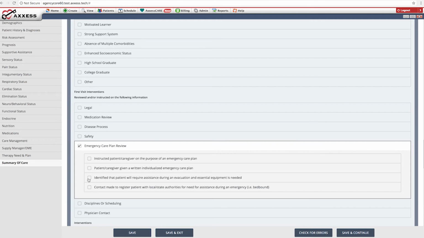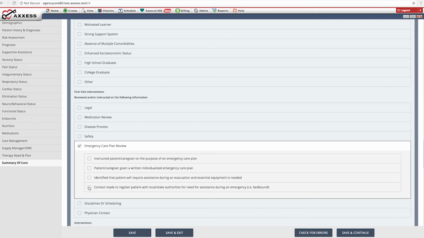So again, on our risk tab, you're able to go and update the emergency care planning information there. And then contact made to register the patient with local state authorities for needing assistance during an emergency.